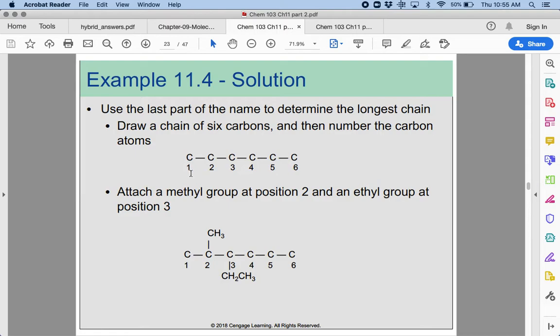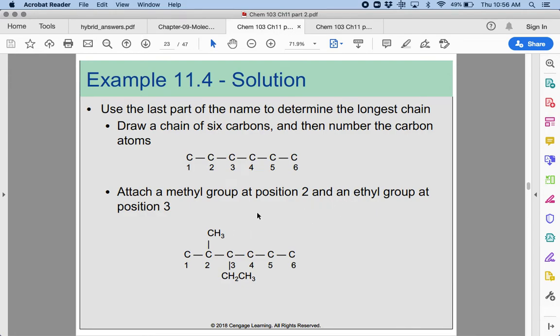So the first thing we have to do is we look at our compound and we say hexane. A-N-E is our ending, so we know it's all single bonds. And hex tells us that the longest chain in there is 6 long. So I'm going to draw out 6 carbons. We're told 2-methyl, which means we have a methyl group on the 2 carbon.